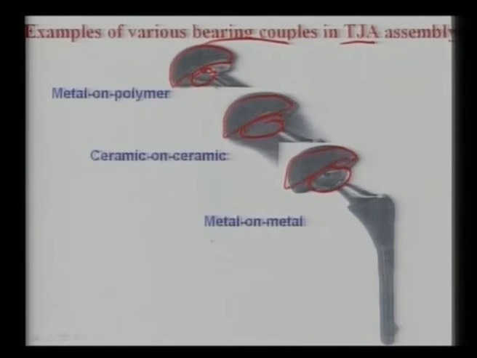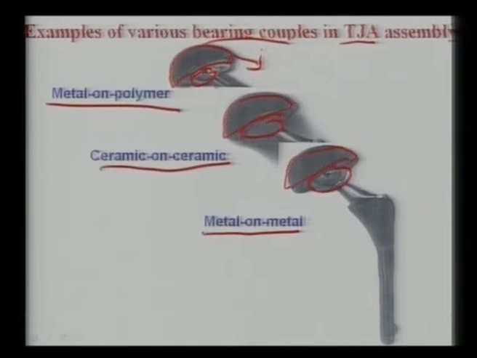So you can have a bearing couple of metal on metal, metal on ceramic, or a bearing couple composed of metal and polymer. Therefore, it is not sacrosanct that you need to use the polymeric material all the time. For this acetabular cup, one can use metal, and one can use ceramic also as the acetabular cup material.